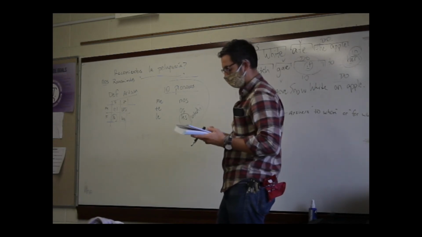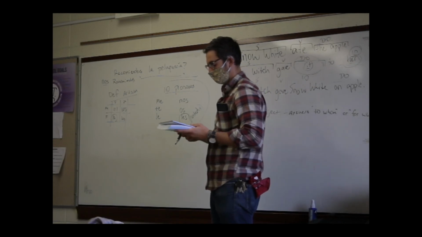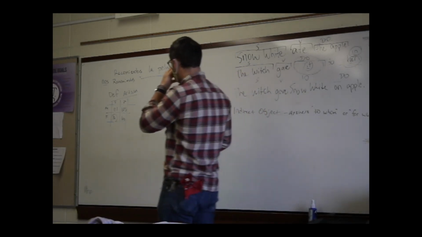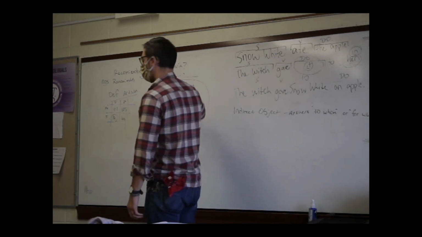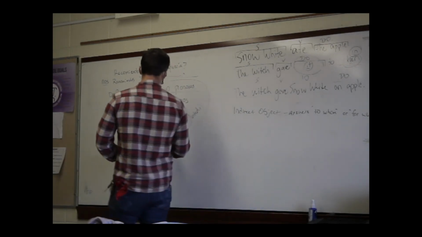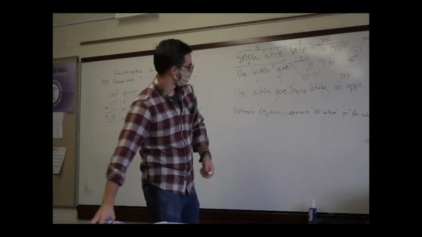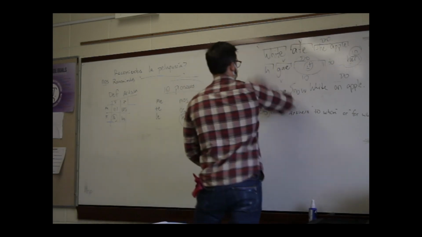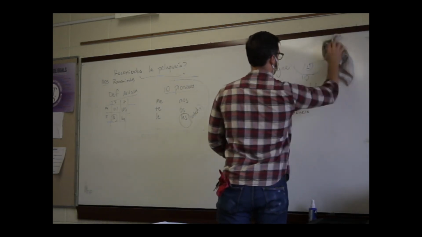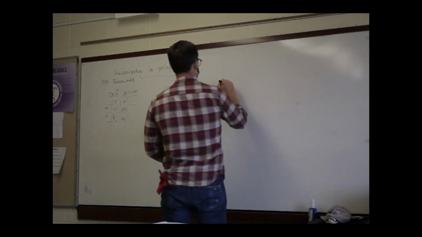At the bottom it gives a note. The indirect object pronouns are the same as the direct object pronouns except in the third person. So, the indirect object pronouns are here. We have done this before, but let's write it down. The direct object pronouns afterward. So here are the direct object pronouns.